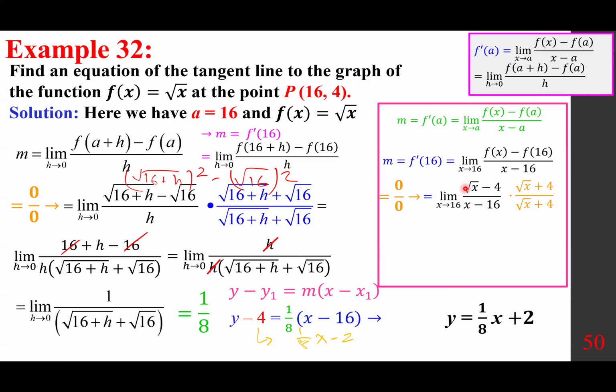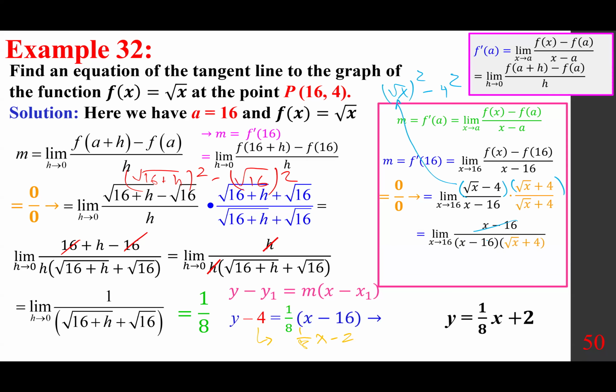What happens to the numerator? You square each piece. So it becomes x minus 16.